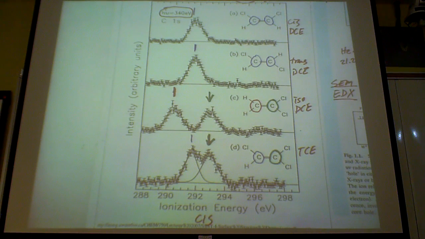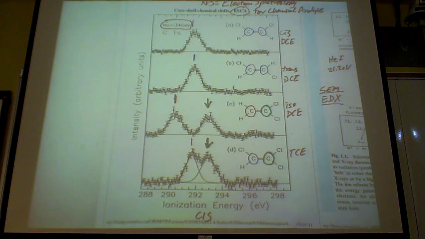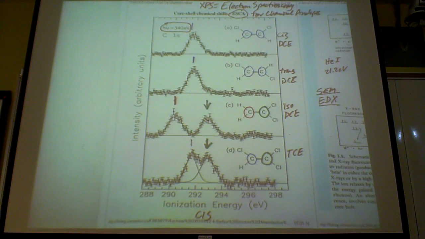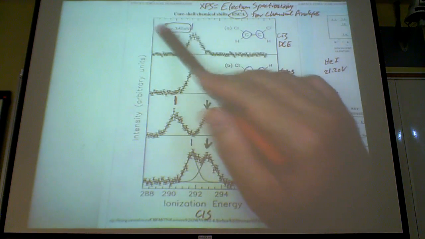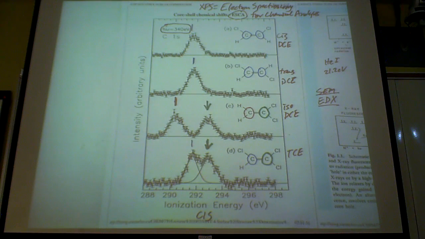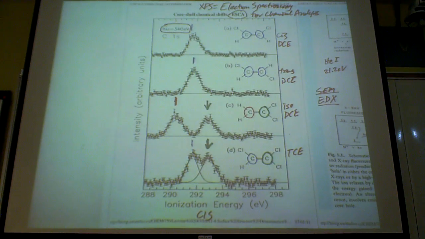This is one of the data sets collected by one of my former students at the synchrotron. At the synchrotron, you have the flexibility to choose any photon energy you want. So we chose a 340 electron volt photon, and we studied a series of molecules.